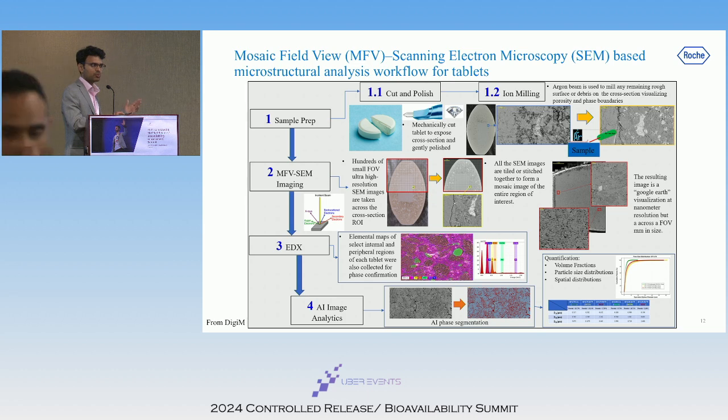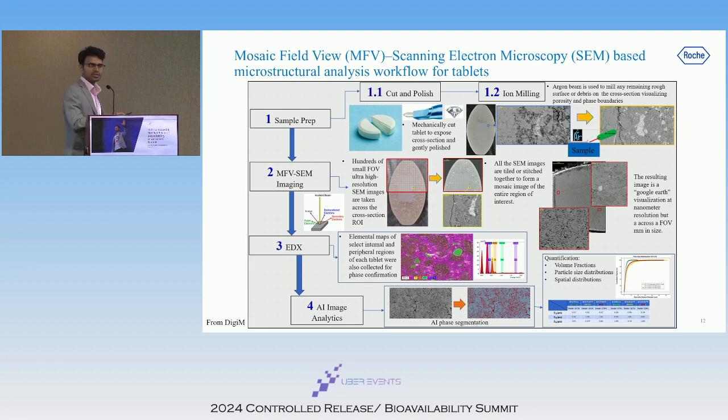It involves 3 broad steps. The first is to mechanically cut the tablet to expose the cross sections. And once the cross sections are exposed, then subsequently using an ion beam, the cross sections are polished to remove any rough surfaces. The second step involves imaging, and this is similar to traditional SEM imaging.